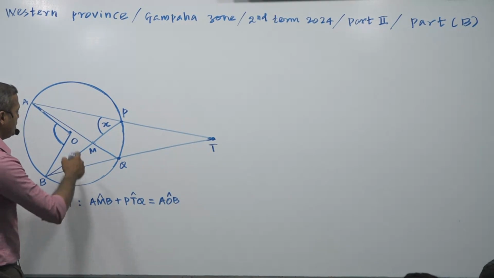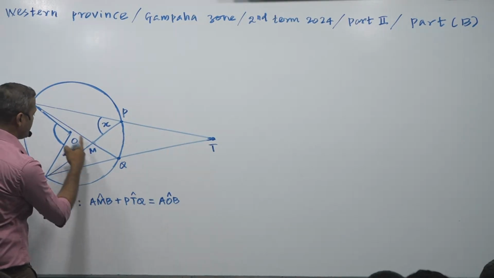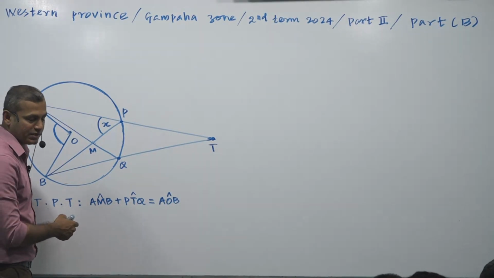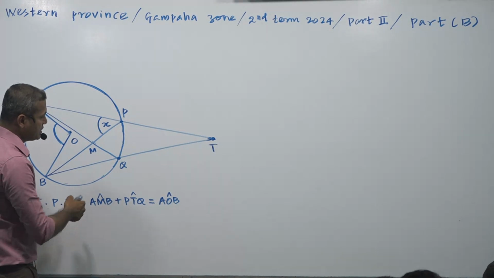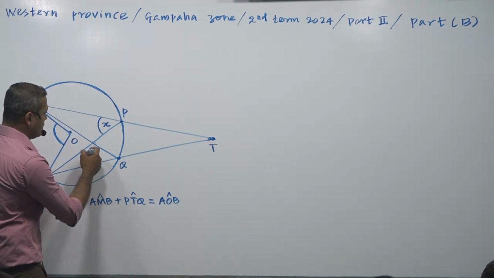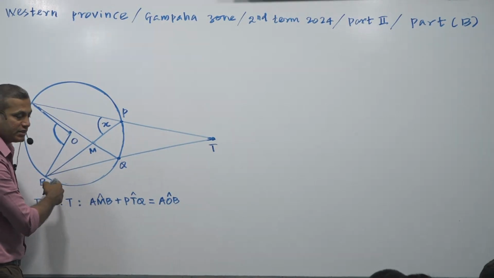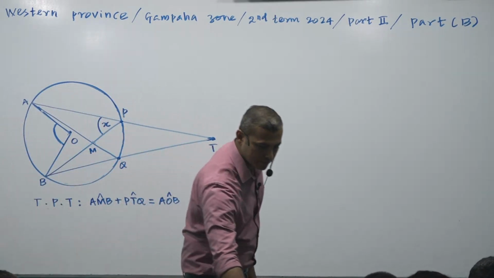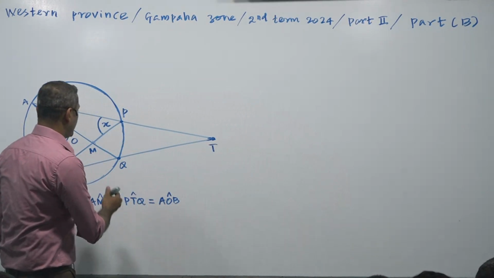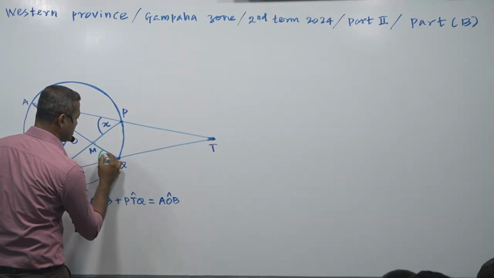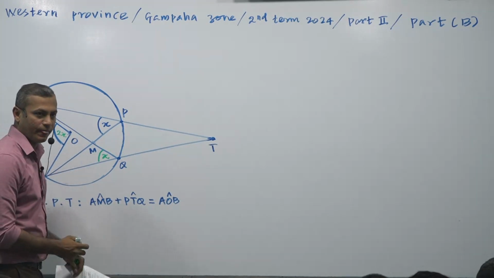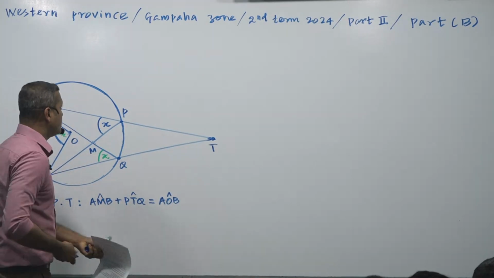Then you know the relationship between APB and AQB. They are same segment angles, which means they are equal. If APB equals x, then AQB is also x. So I can write this as x and this as 2x.